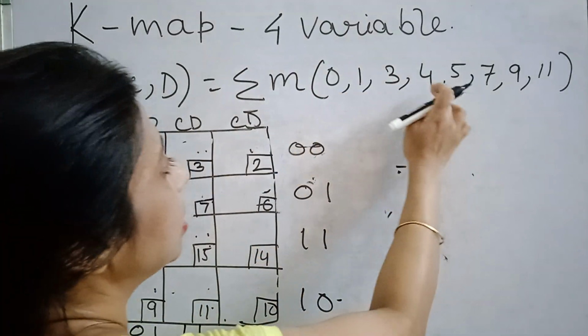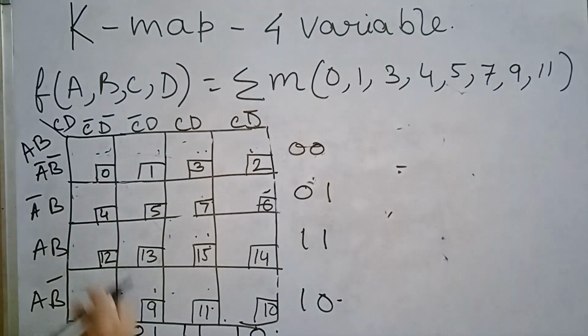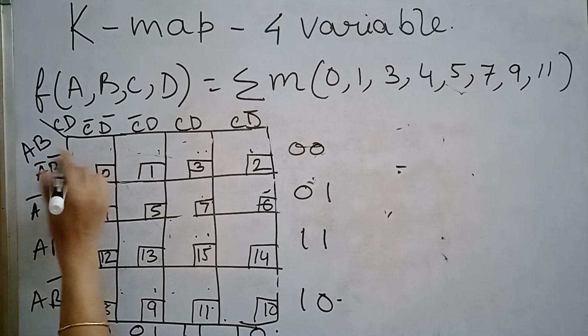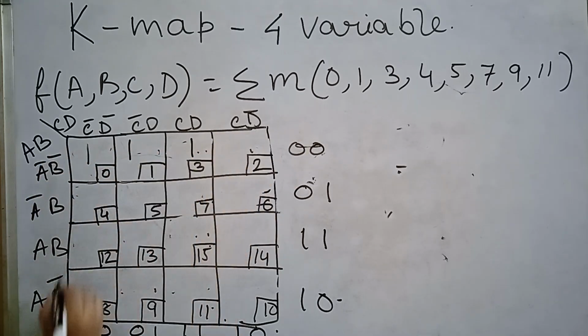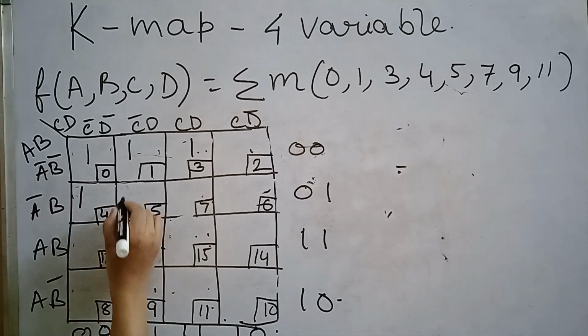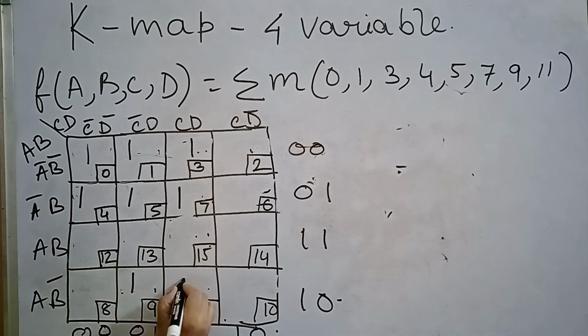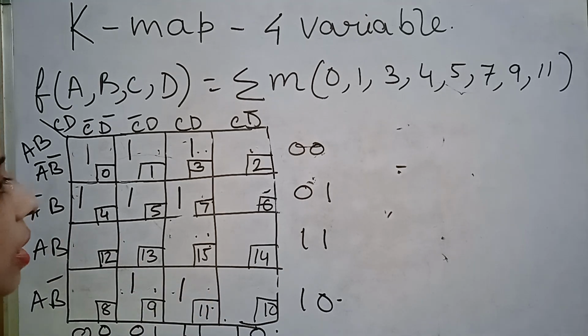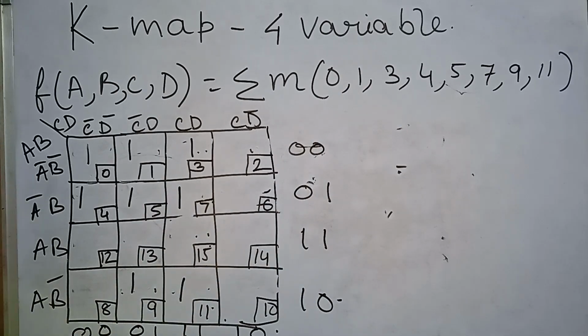See, 0, 1, 3, 4, 5, 7, 9, 11. Now 0, so put 1. 1, 3, 4, then 5, then 7, then 9, then 11. We have put 1 in the boxes which are mentioned in the min-term expression.